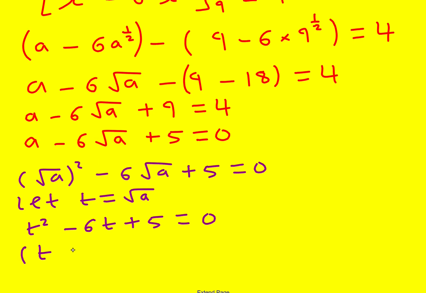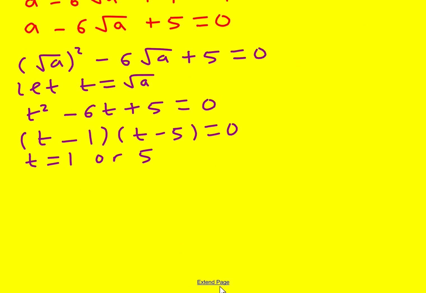Both of these have to be negative, they have to add to give minus 6, so it's going to become (t minus 1)(t minus 5). t equals 1 or 5. Now don't forget that is the square root of a, so the square root of a is equal to 1 or 5. So a, if I square, is equal to 1 or 25.